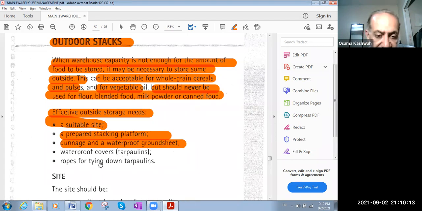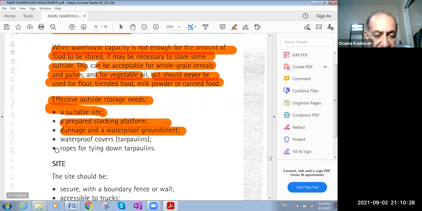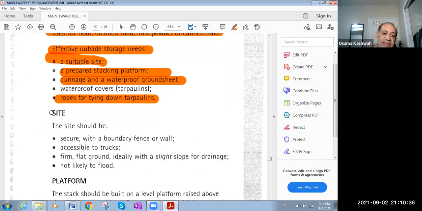Waterproof covers are also needed, because you have to put a waterproof cover on your stacks to protect them from the heat and especially the rain and storms. Waterproof covers and ropes for tying down tarpaulins.